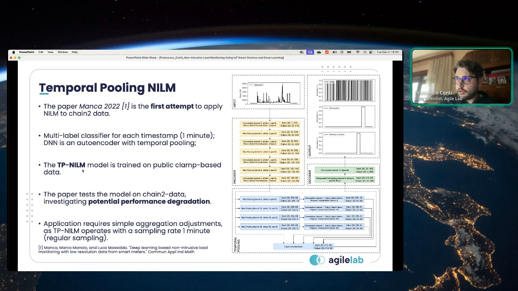And this network is trained on publicly available clamp-based data. So again, we are studying chain-2 data, but the authors trained this network on clamp-based signals.